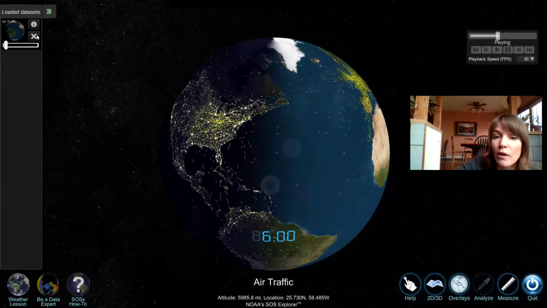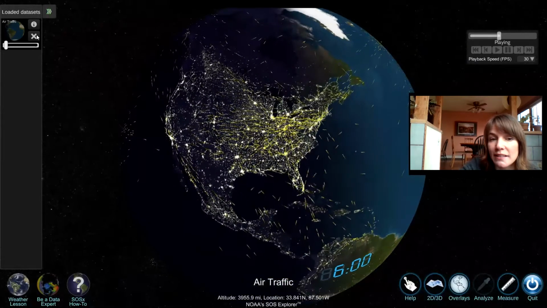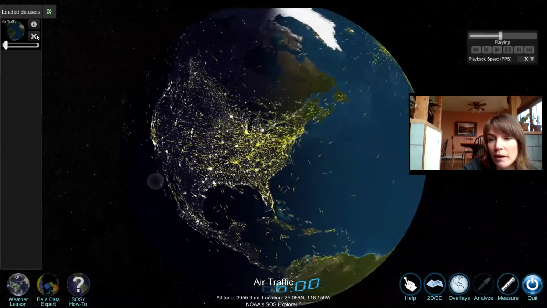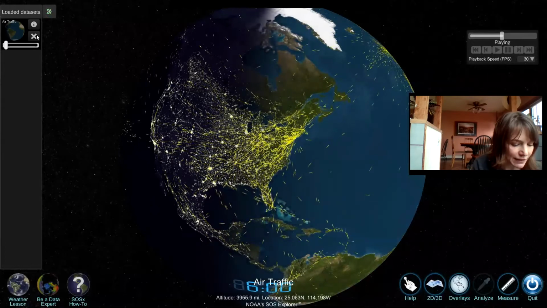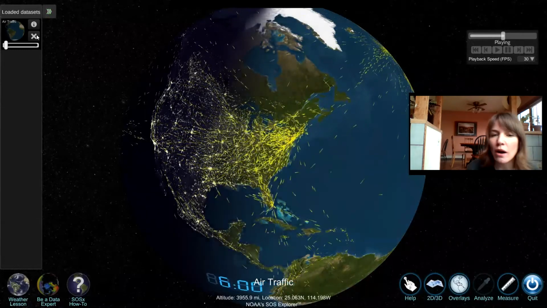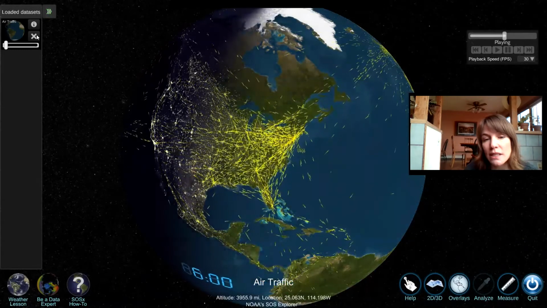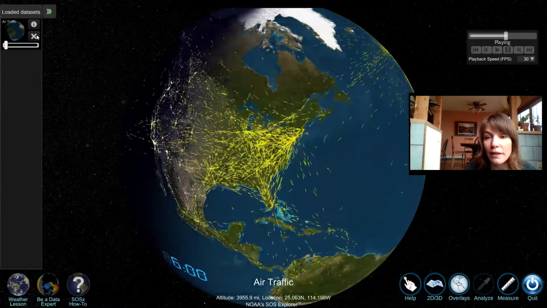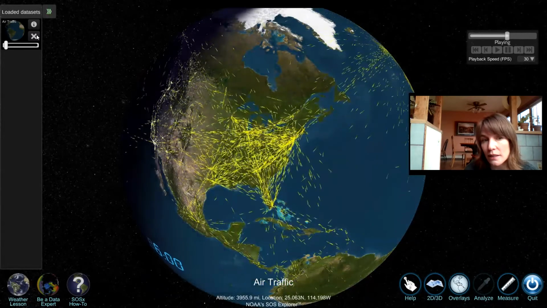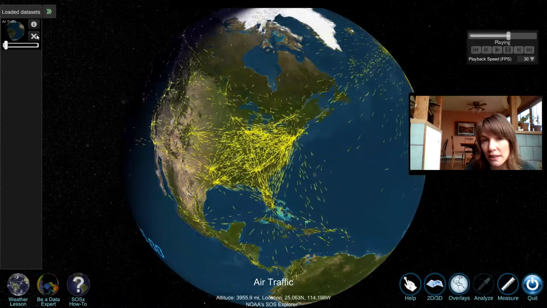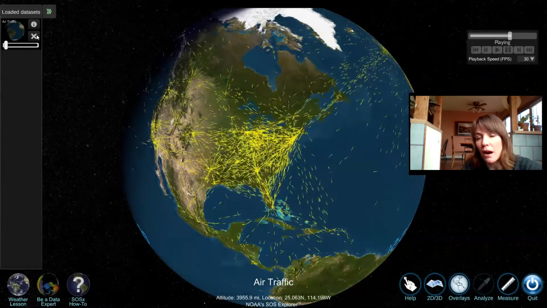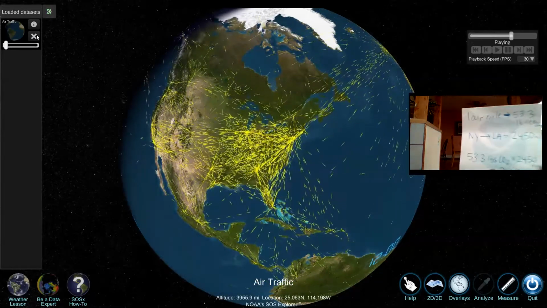But what we're going to do during this data set is just a simple math problem, kind of a simplified math problem. How much carbon dioxide goes into the atmosphere on one flight coast to coast in the United States? So that's my question. And our numbers are here.